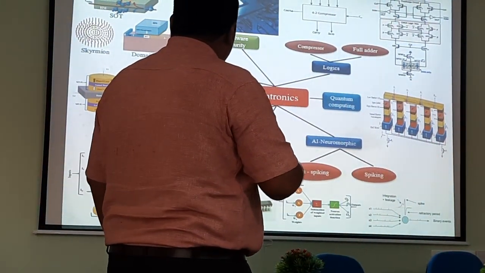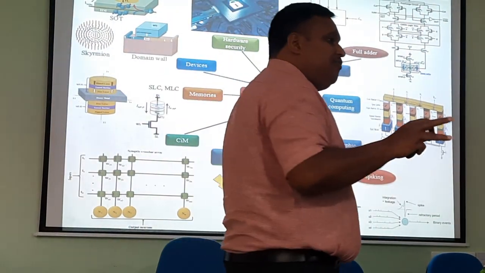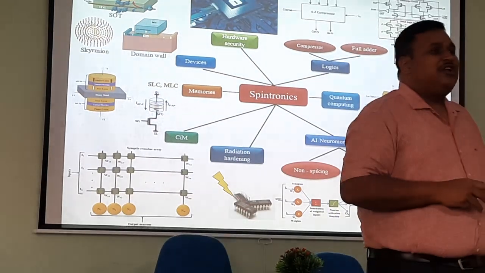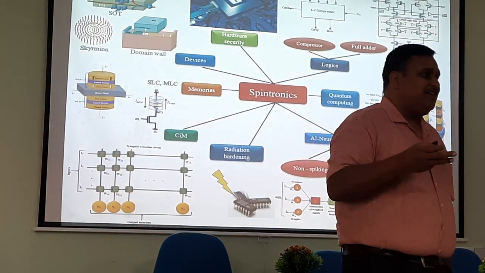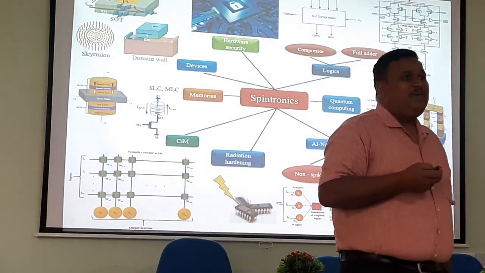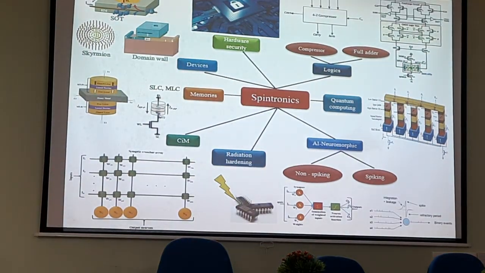So these are some of the areas, including hardware security, because if someone is working on hardware security, then you will realize that if you have more and more variability, it is good for security reasons, right? So MTJs can be made in such a way that they can have more and more variabilities also.